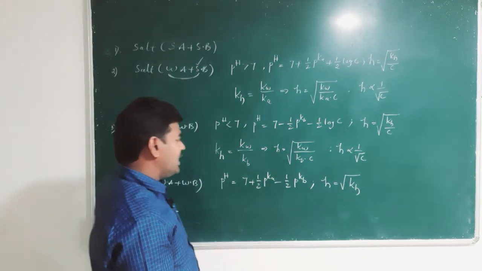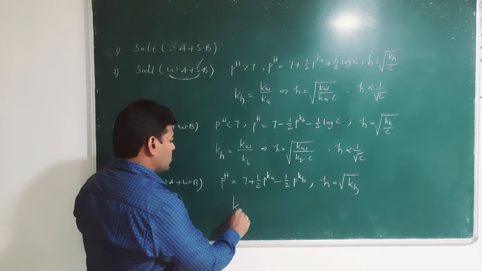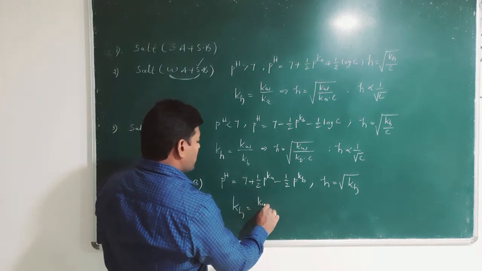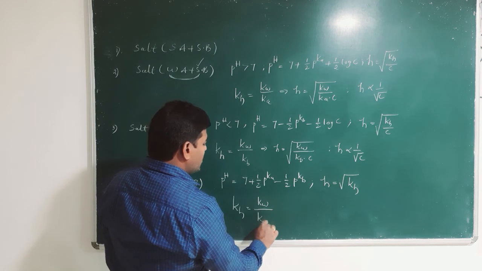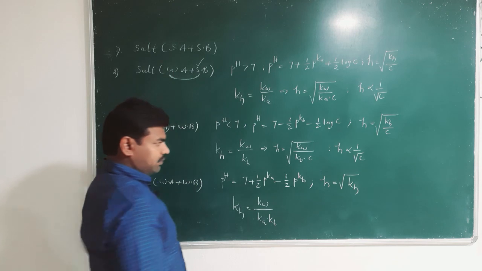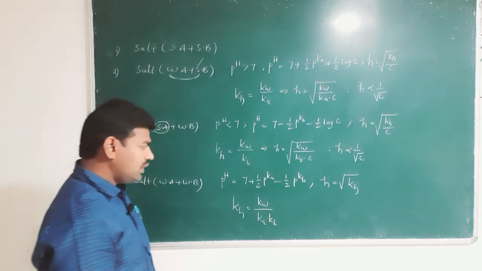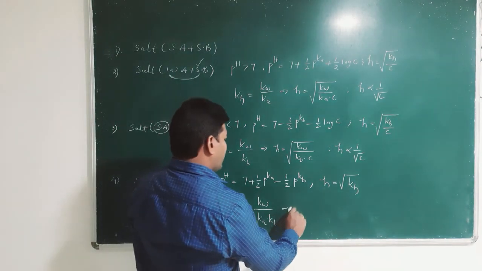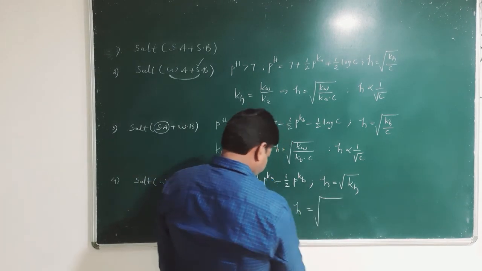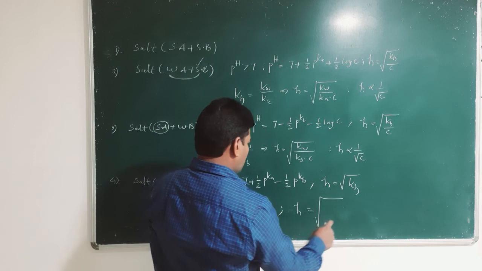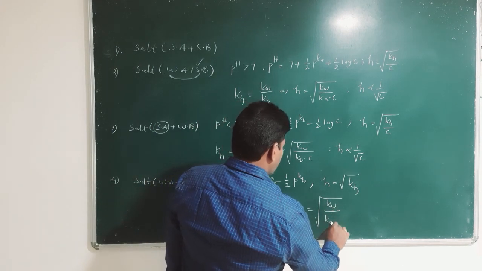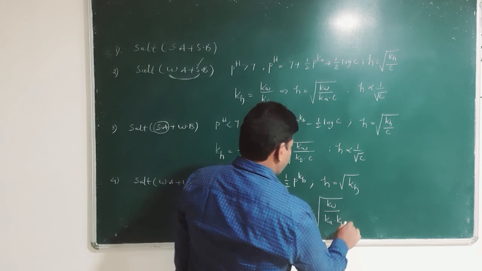And here Kh is equal to Kw by Ka into Kb, and from this h is equal to root Kw by Ka into Kb.